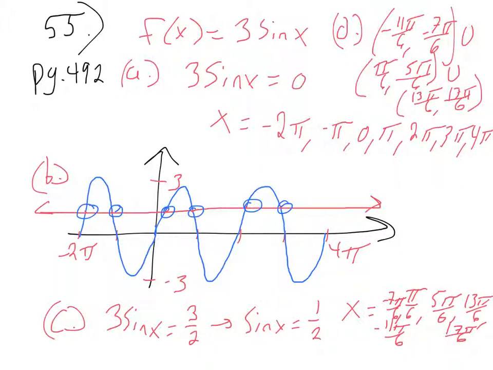Those are the 3 intervals over which it is greater than that line, which once again we can identify graphically, and as long as we know the intersection points, we can write out those intervals. Okay, so that's 55 from the homework.